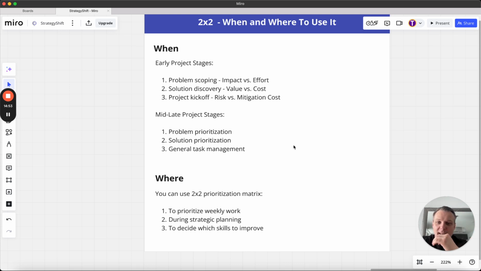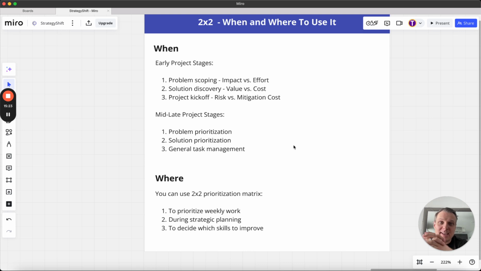And where? As I mentioned before, you can do it in your weekly work. Prioritize every Monday. You want to prioritize the work for the week. Strategic planning. A lot of the time, when you look at the big picture, you have many options, many initiatives. You need to figure out which one your limited resources should be allocated to, and that's where the 2x2 prioritization matrix comes into play.